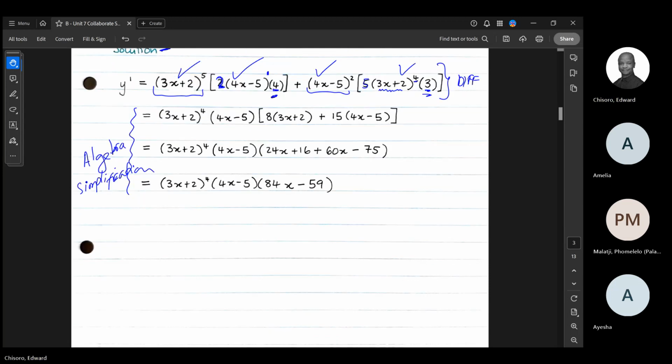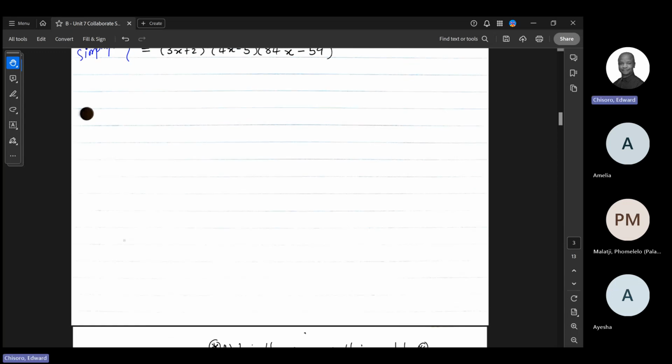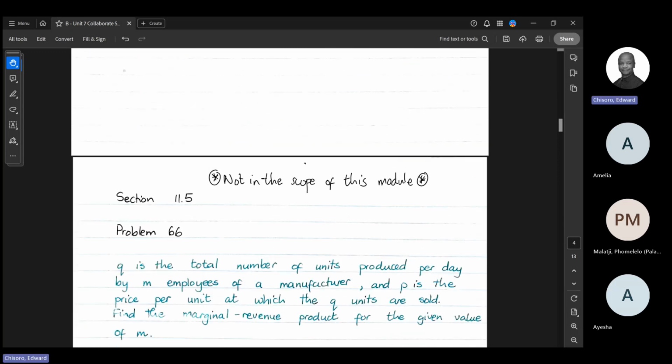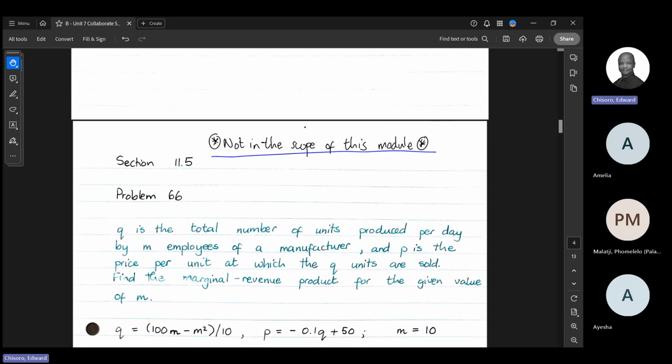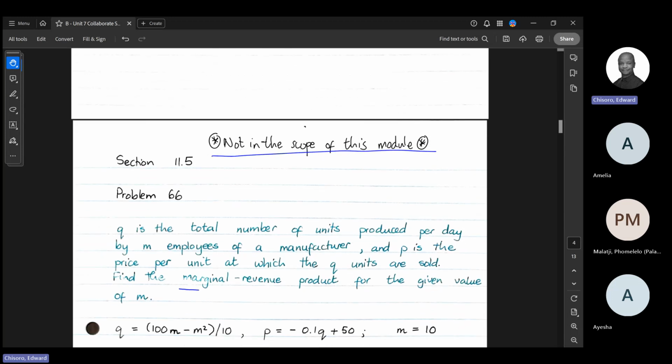It was a couple of rules happening at the same time, but that's how we would approach that. Okay. So now we proceed to the next question, which I realized after setting this session is not in the scope of this module. So I will skip problem number 66, which is about a marginal revenue product, but you can review it for interest's sake if you have the time.